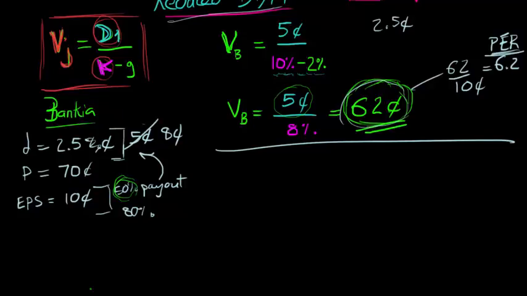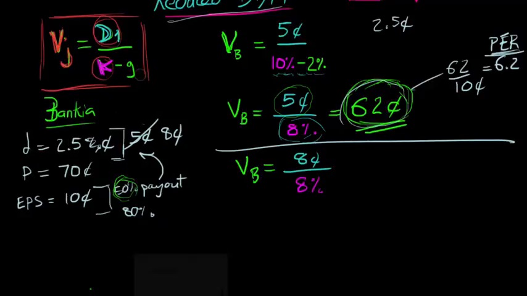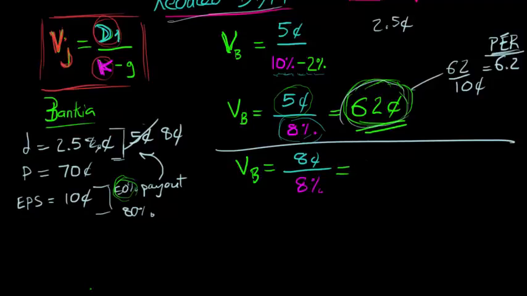So the value of Bankia is equal to 8 cents divided by, I'm going to use the same denominator as before, so I'm going to input 8%. And this should be immediately obvious that in fact I'm dividing 0.08 by itself. So that's going to be equal to 1. So this time, by changing my inputs, I've increased the value to €1 per share, which seems more realistic.